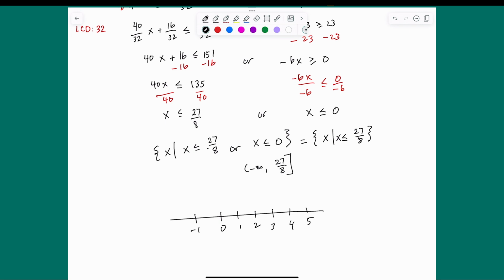And then just to remind ourselves, 27 over 8. It's easier to think of it as a mixed number when you're plotting this. So we know 8 goes into 27 3 times, and that would leave us with a remainder of 3 over 8. And so it's 3 and 3 eighths, so a little bit closer to 3 than it is to 4. So it's right about there. That's 27 over 8. And it's a filled-in circle, and you would shade everything to its left.